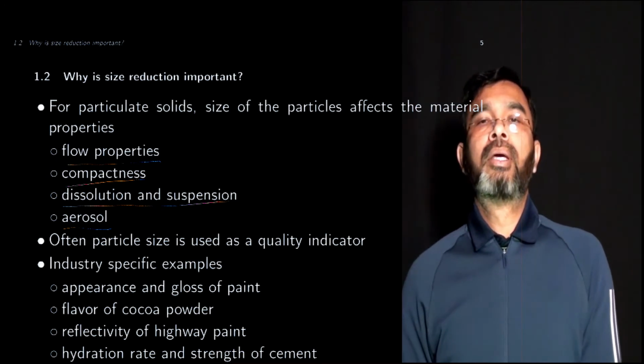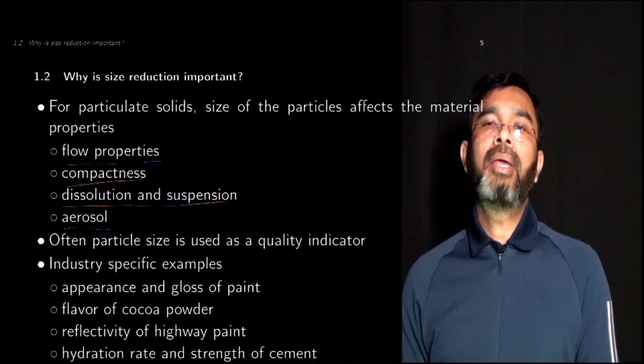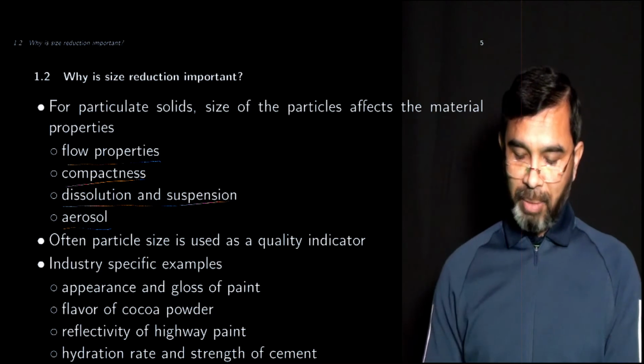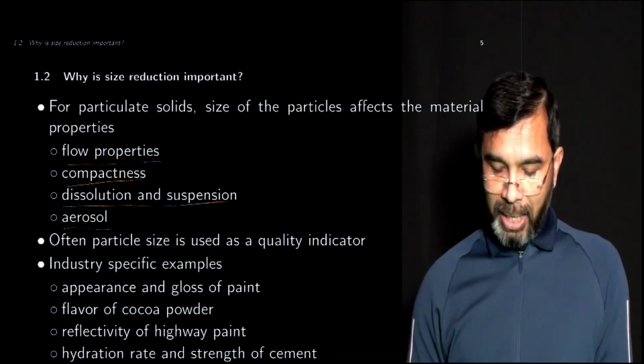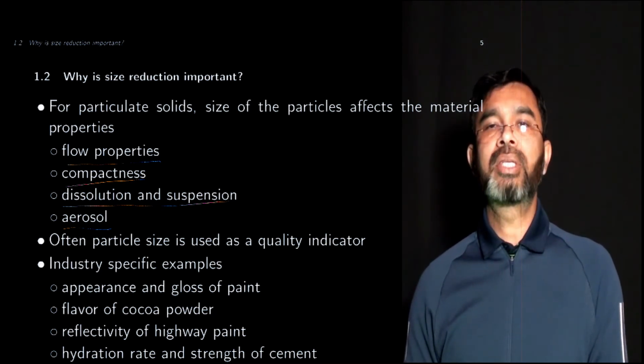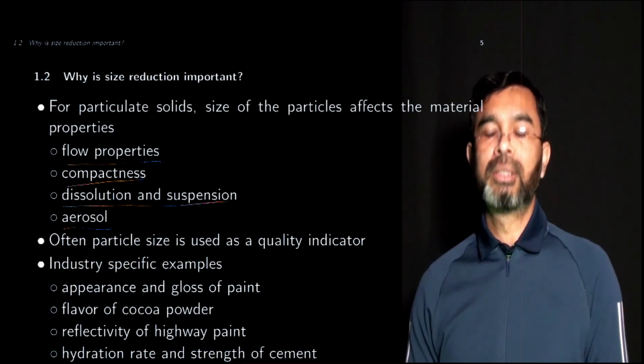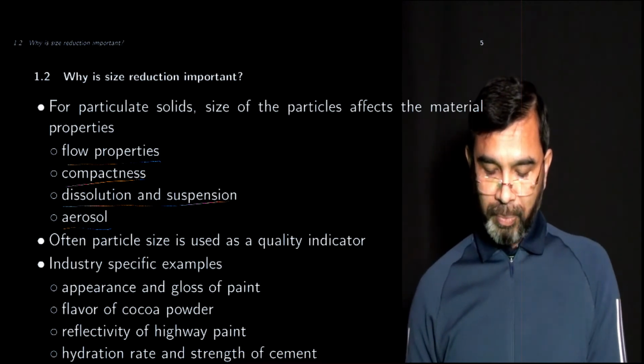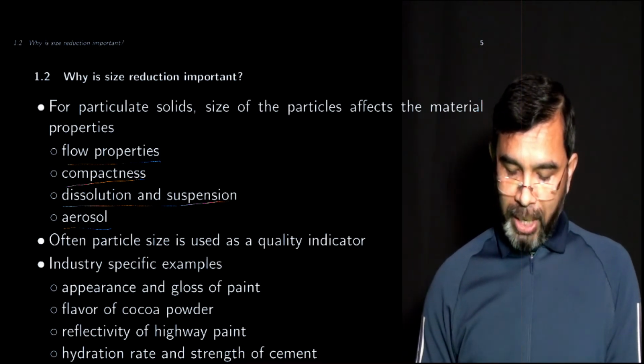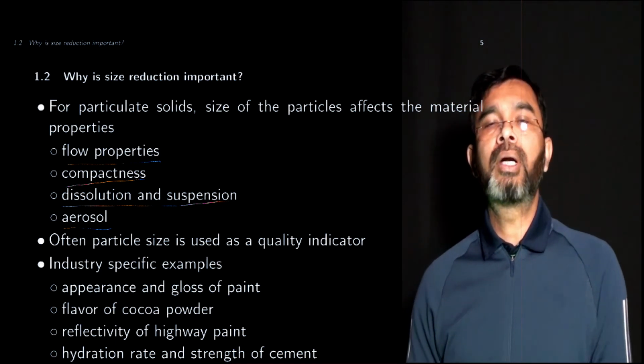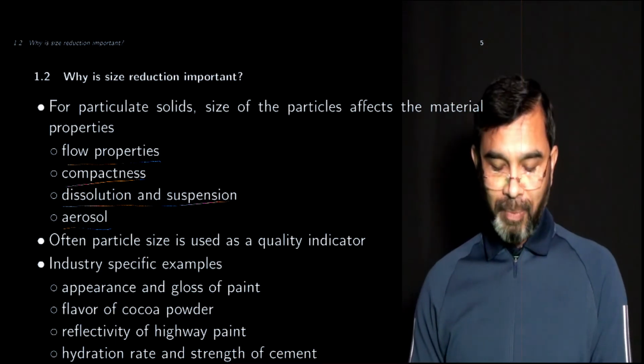Also, many product qualities depend on the size. Say, for example, for the paint industry, the appearance and gloss will depend on the size of the particles. For the food industry, for example cocoa powder, its flavor will depend on the size of the particles.